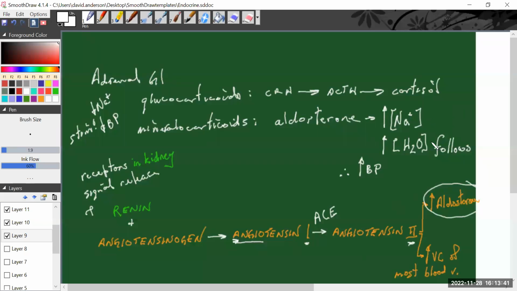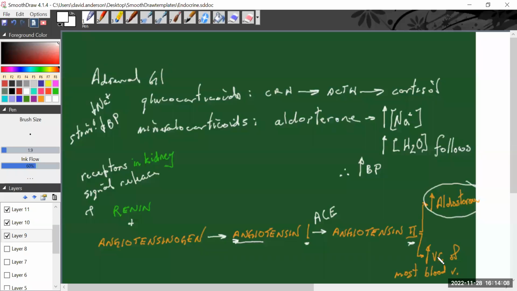Boom, we get more sodium, we get more water, we get more blood pressure. And on top of that, we vasoconstrict blood vessels. If we vasoconstrict blood vessels, we also increase blood pressure. So we've done two things to fix the stimulus, to reverse the stimulus, to negatively feedback on that stimulus.